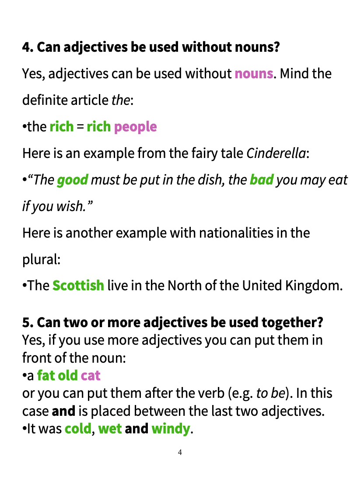Or you can put them after the verb to be, in which case and is placed between the last two adjectives. Let's take this example: it was cold, wet, and windy. All of these adjectives describe the weather. So we can put all our adjectives in one sentence.